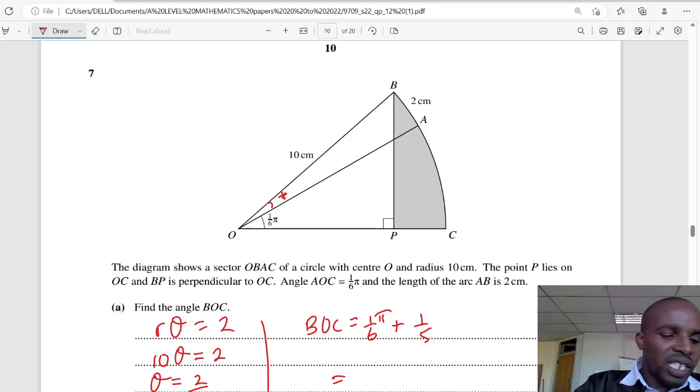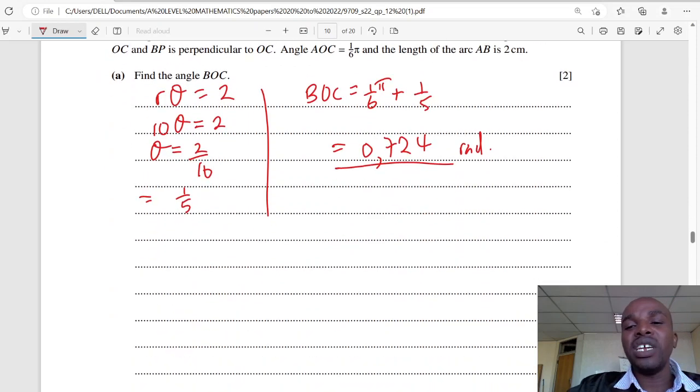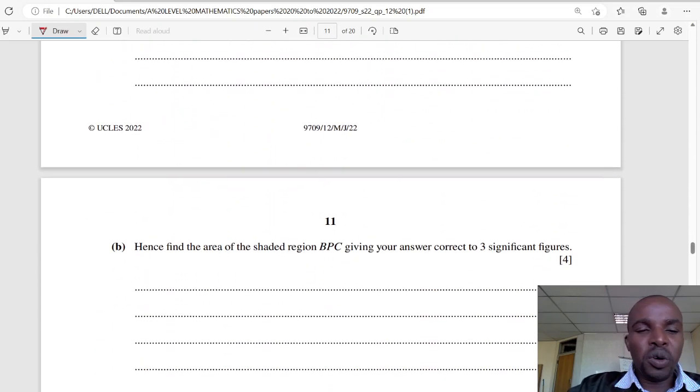Pi divided by 6, plus 1 over 5, is 0.724 radians. Make sure your calculator is always in radian mode. Whenever you're working with circular measure, your calculator must be in radian mode.